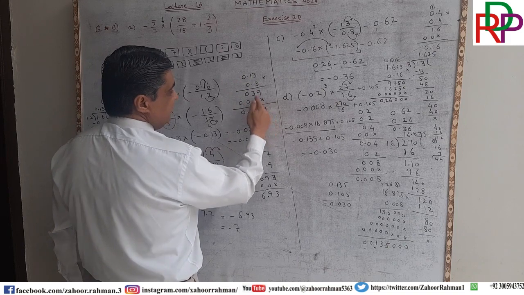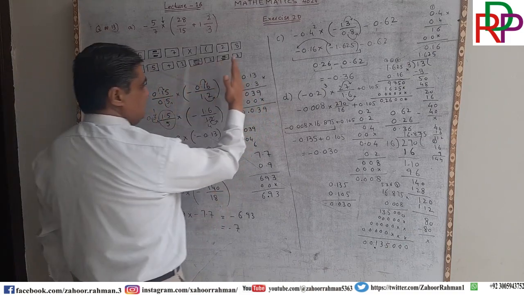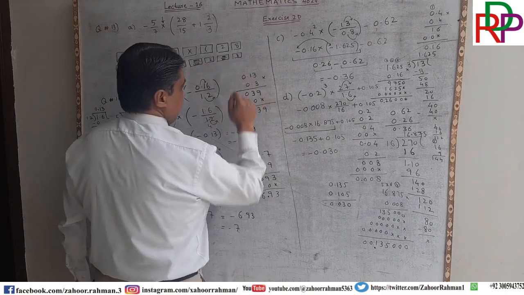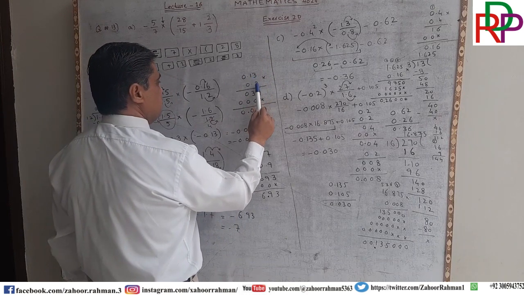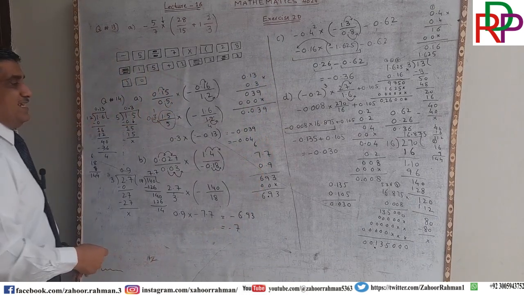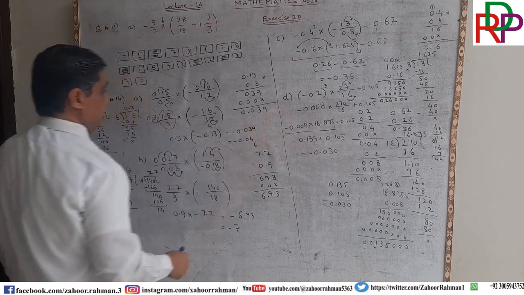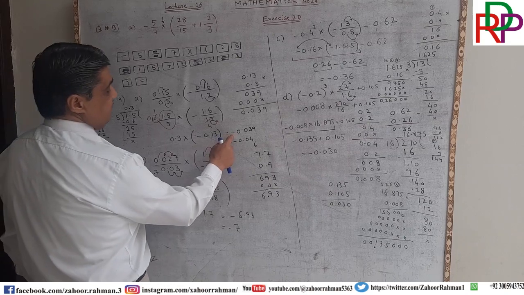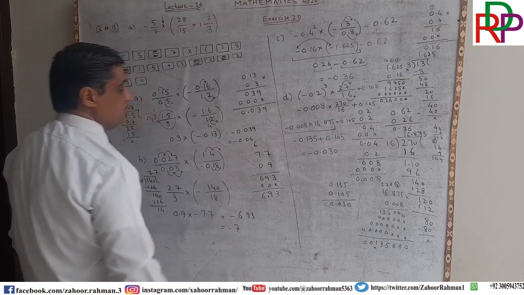When we add 9, 3, 0 and 0, because there are three decimal digits after the decimal in these two, we put the decimal after 3 digits, and that will become 0.039, and that is minus 0.039, which is nearly equal to minus 0.04.